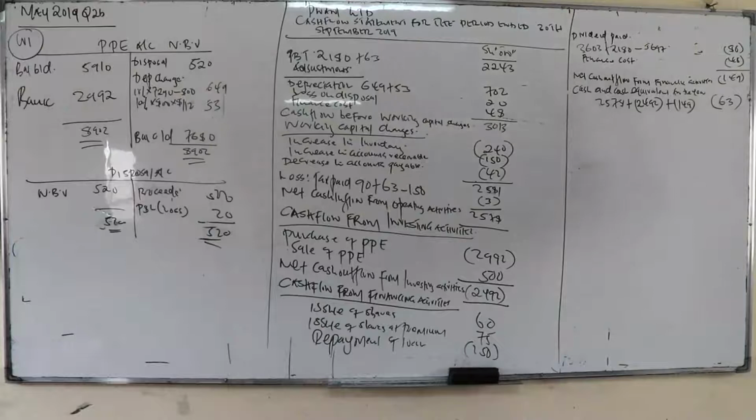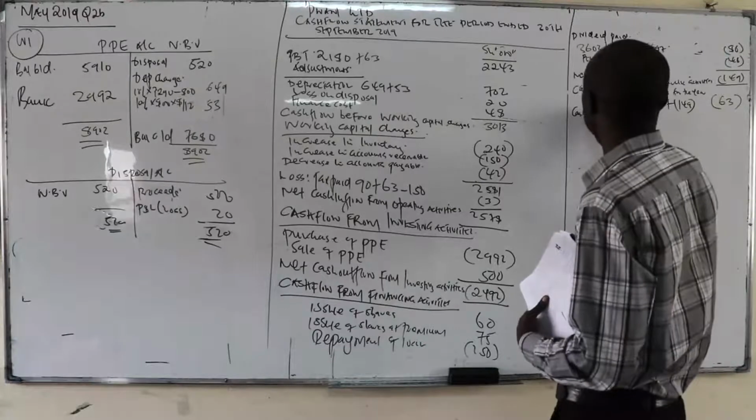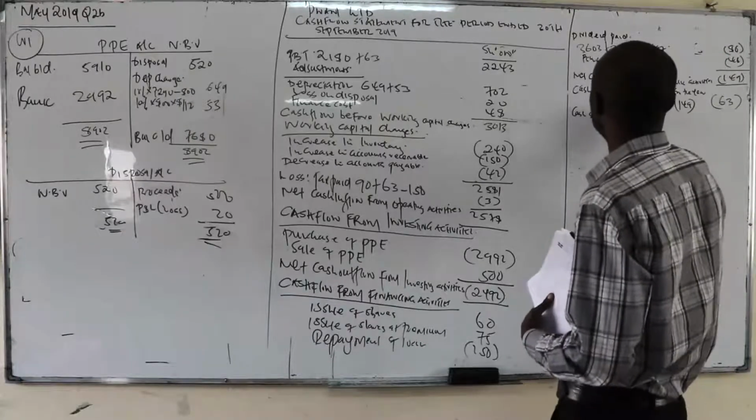When you add this to what do you get? Oh, sorry, you are right. So negative 63. Then you add cash and cash equivalent.